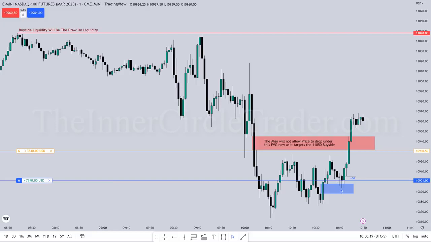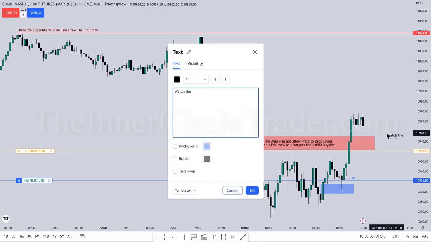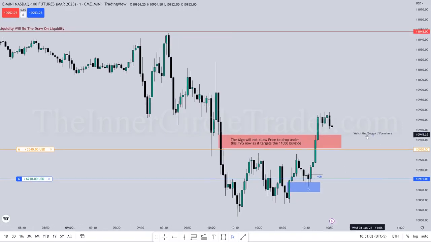Now that right there is a classic bull flag. I don't want to get wrapped up in thinking it's going to break down, but it comes down into this little area in here, back into that fair value gap that I like. Okay, I like that gap that's not being shaded yet. I like that right there. So I'm telling you with this annotation, watch the support form here.